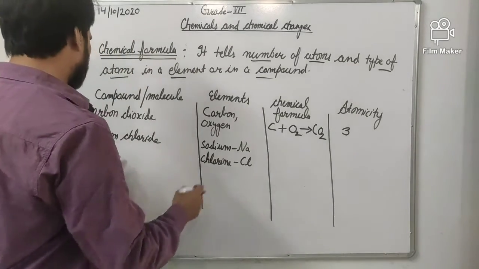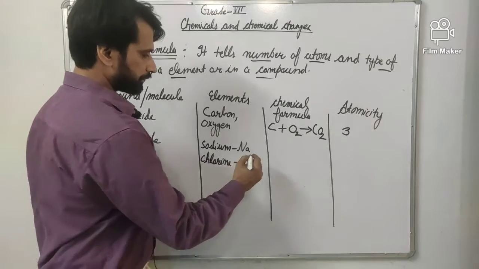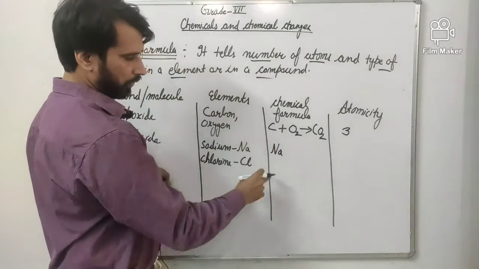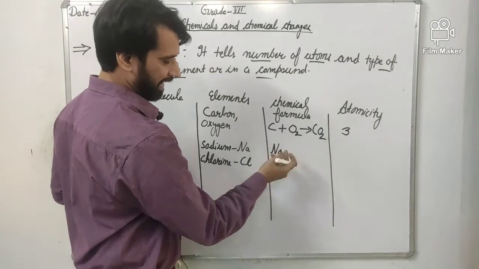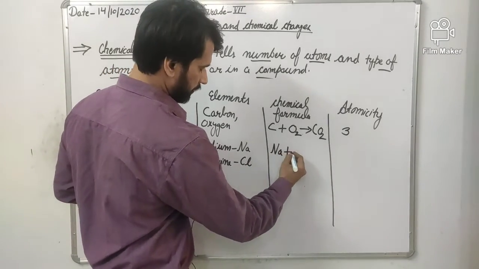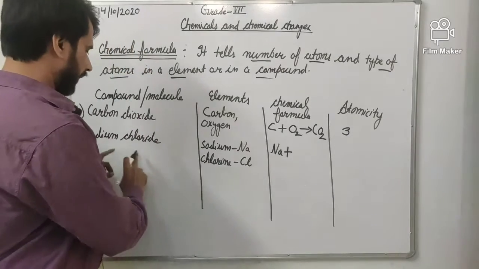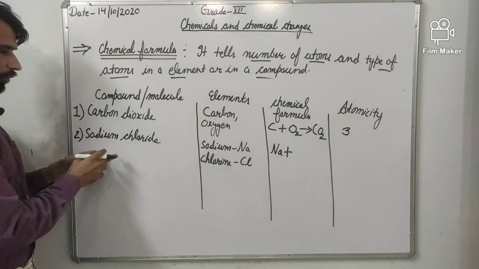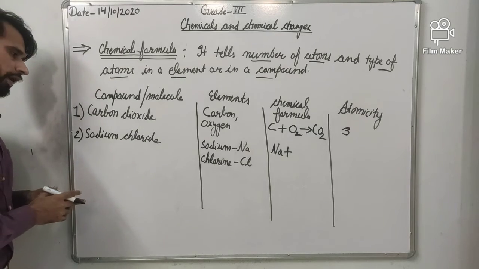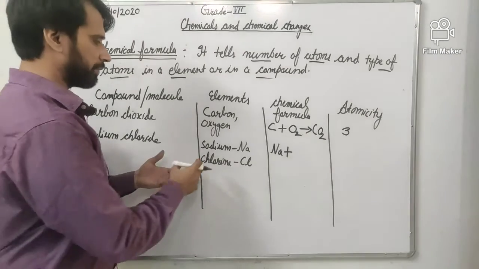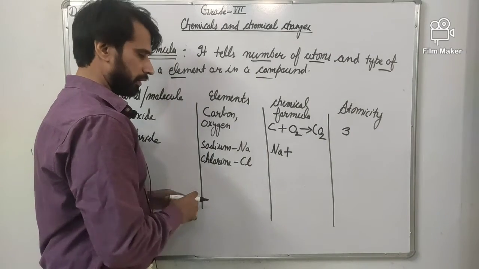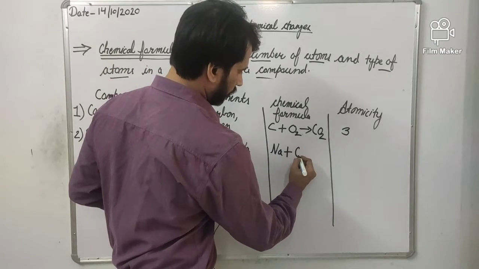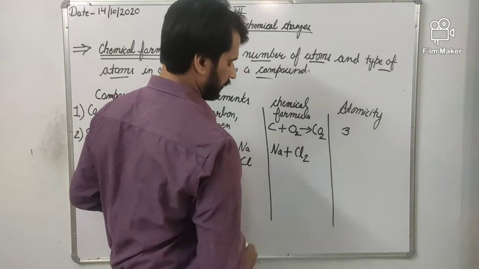Now I will write the formula of sodium chloride. One atom of sodium will be represented as Na, plus chlorine. To make 1 molecule of sodium chloride, how many atoms of sodium and chlorine combine? 1 atom of sodium and 2 atoms of chlorine.